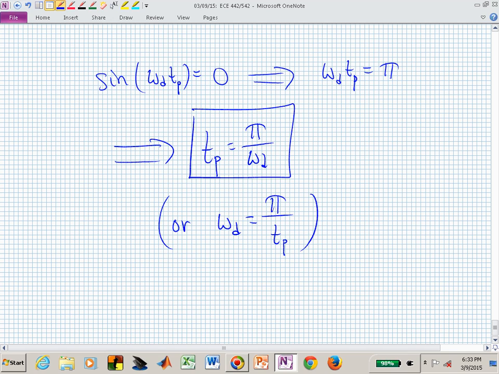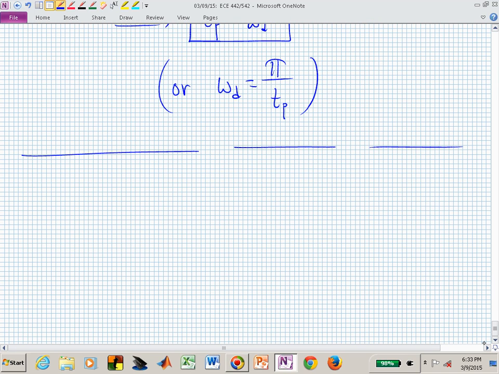If somebody says, I want a peak time of 0.5, now you know what omega sub d has to be, or at least if you can tolerate a peak time less than 0.5. Is that clear? You can now translate a particular design spec into an imaginary component of your closed loop poles. And those may not be what your open loop system is producing.